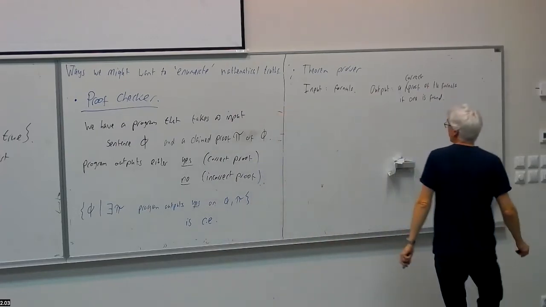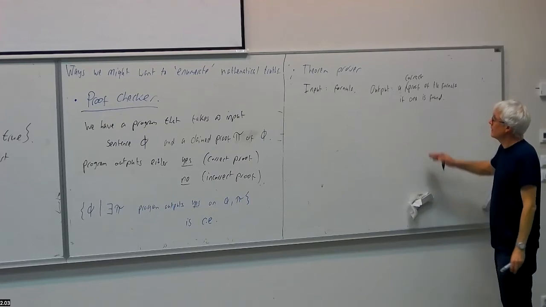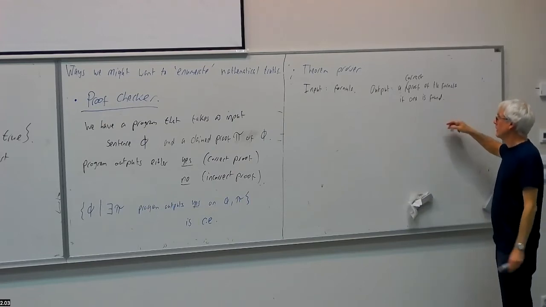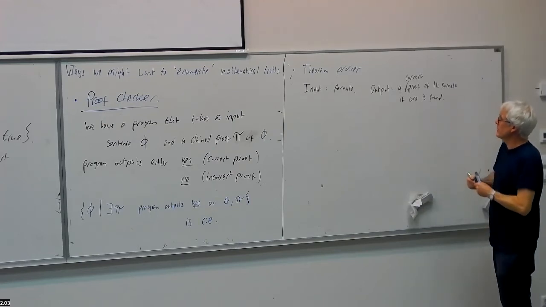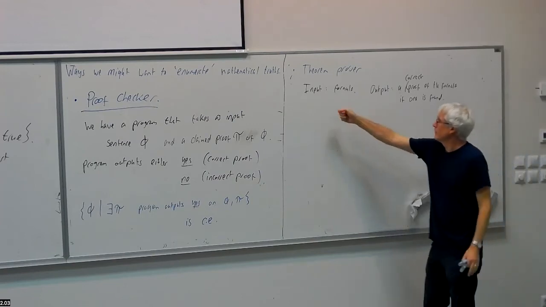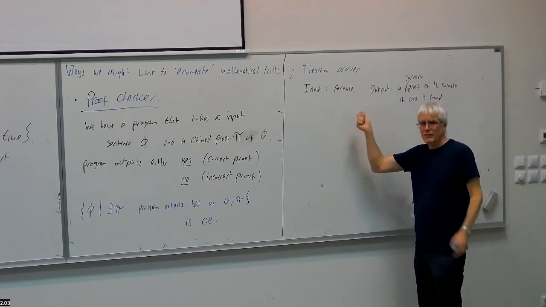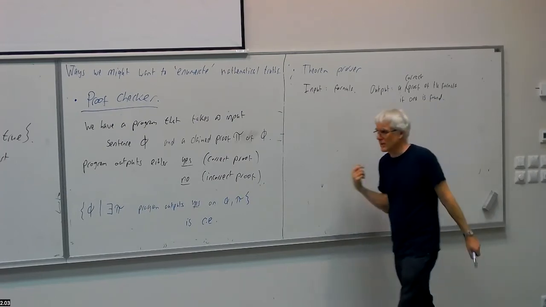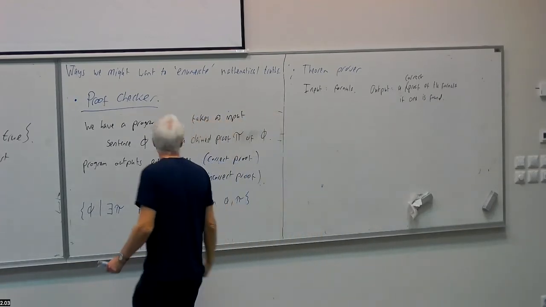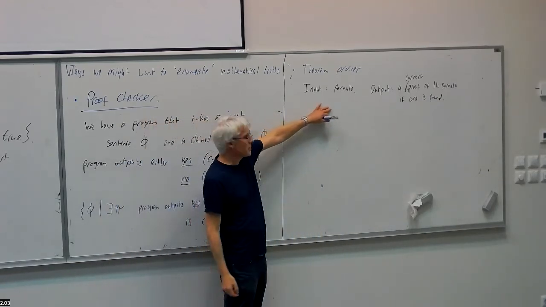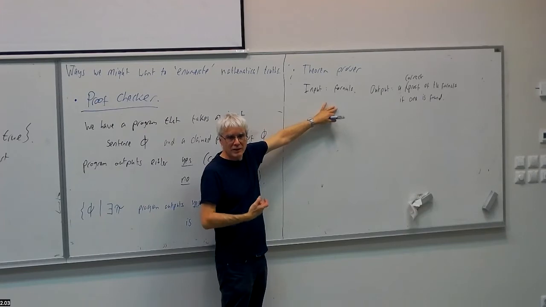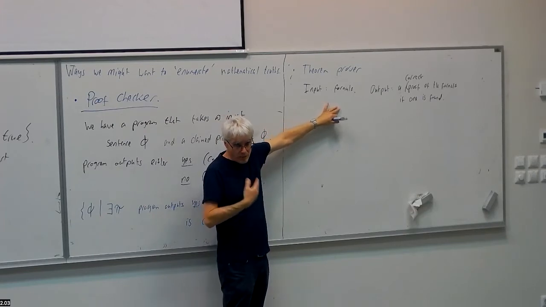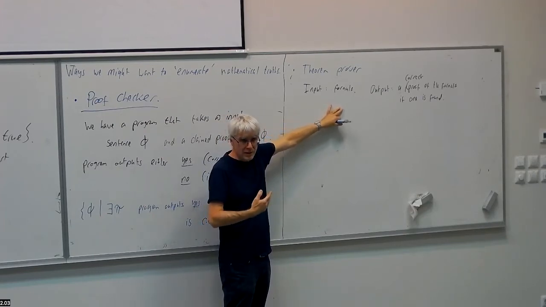Okay, and once again, in this case, we input a formula. If it outputs a proof, then that's like a semi-decision procedure saying, yes, we have a theorem here, so that's hopefully going to be a true statement. It's going to hold only on true statements.